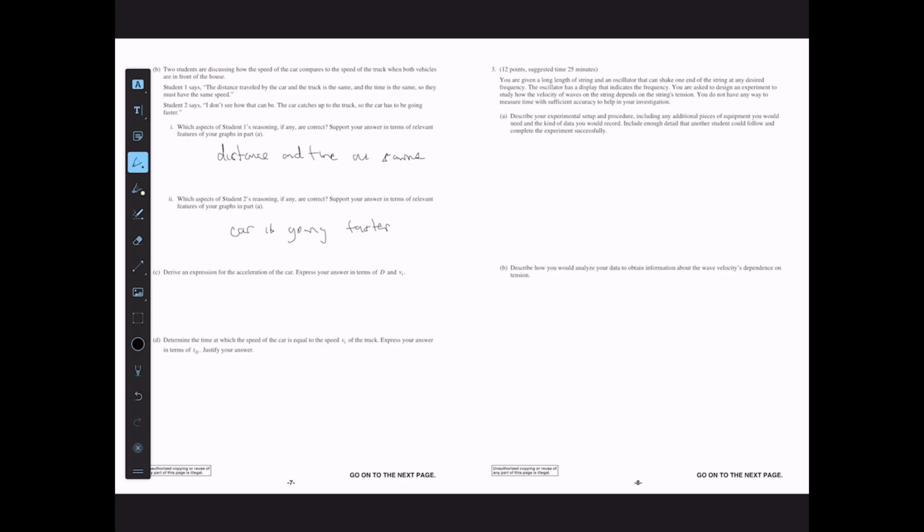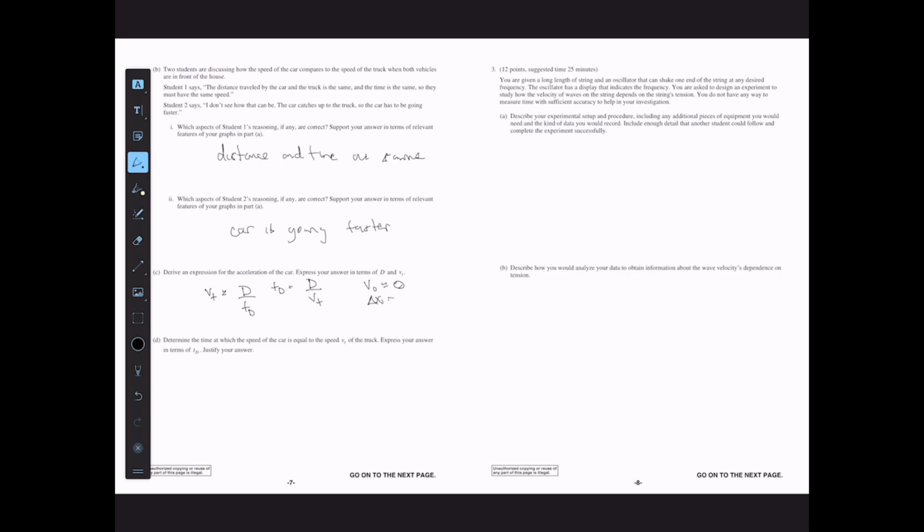Okay. So derive an expression for acceleration. Express your answer in terms of d and vt. So we know that vt is the constant velocity. So vt is equal to d over td. So td is equal to d over vt. So the acceleration of the car, the initial velocity of the car was 0.